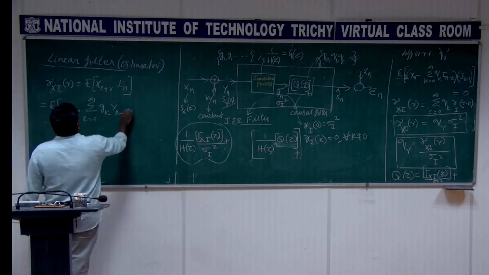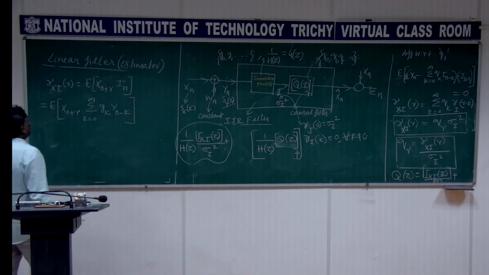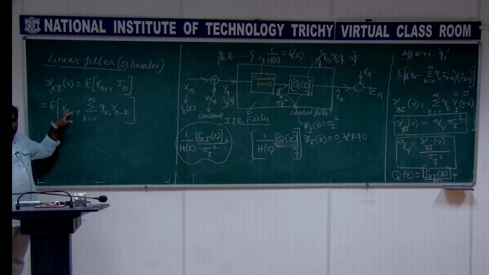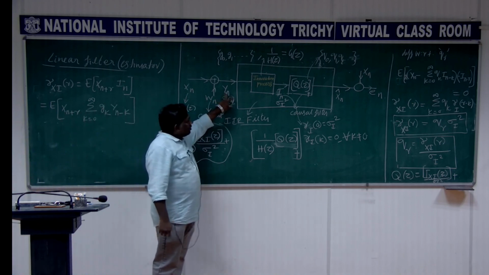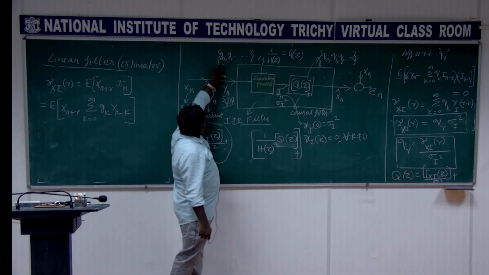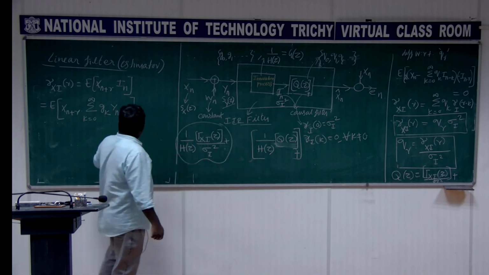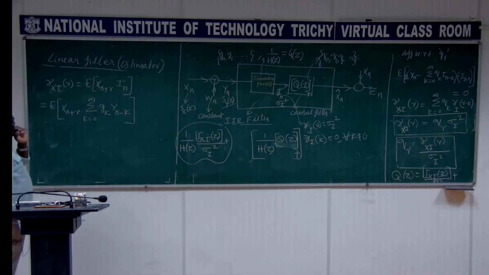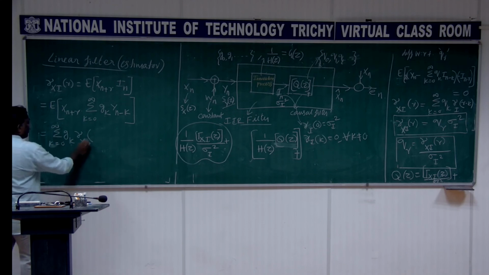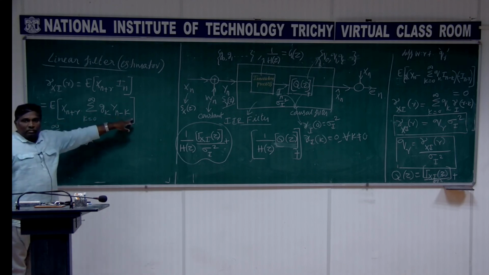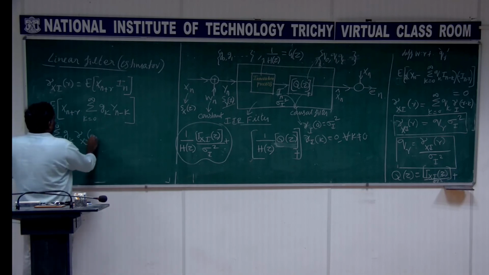I have taken xn plus r as it is, but in is the convolution of yn with the filter coefficients g0 to infinity. So now this is sigma k equal to 0 to infinity gk gamma xy of, this is n plus r minus n plus k, so it is r plus k.